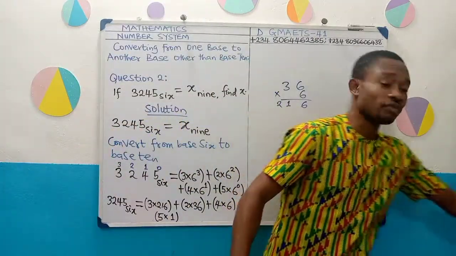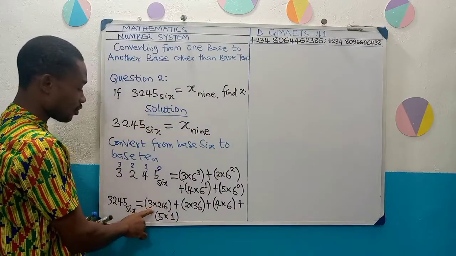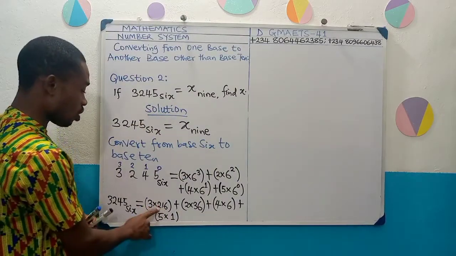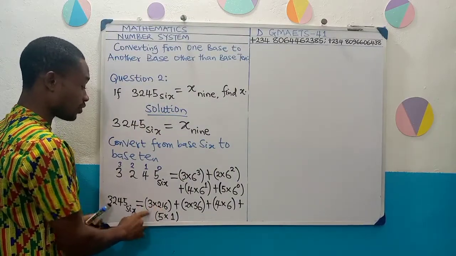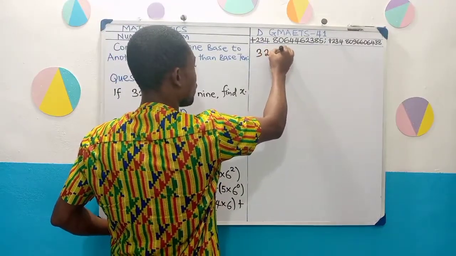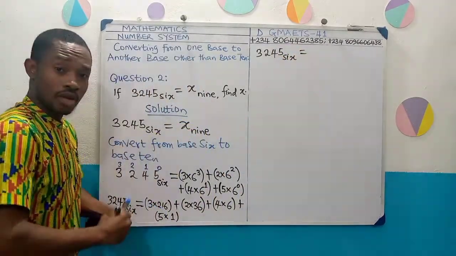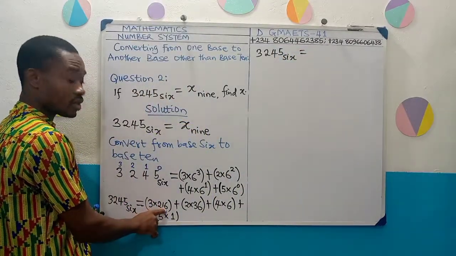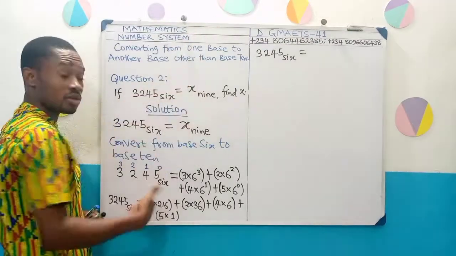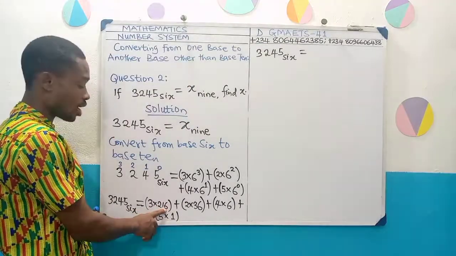Let's come to this side of the board. So I'll have to wipe this. Now what do we have? 3 times 216. We are going to multiply 216 by 3. 3 times 6 will give us 18. You can write it out and do the multiplication, the choice is yours. So you write 8 and carry 1.